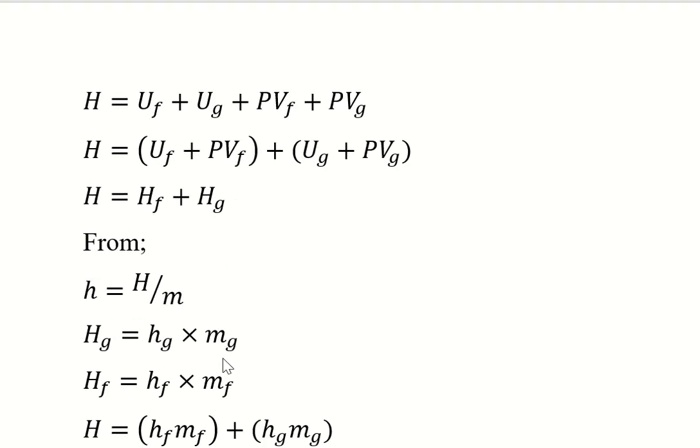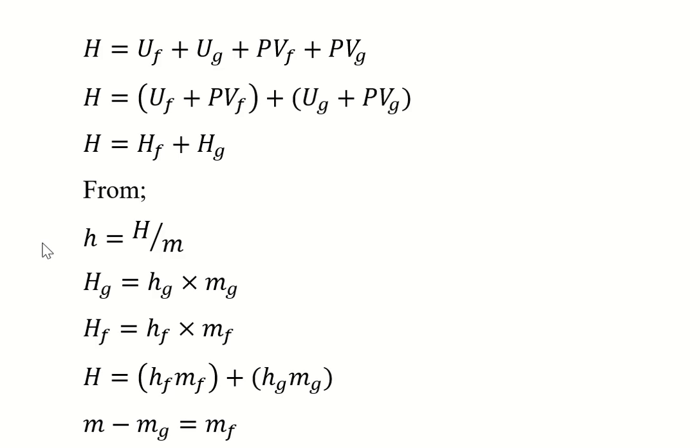But we know that specific enthalpy is equal to total enthalpy over mass. So if you were to take the enthalpy of the vapor phase alone, it is the specific enthalpy of the vapor phase multiplied by the mass of the vapor phase, and the enthalpy of the liquid phase is the specific enthalpy of the liquid multiplied by its mass.